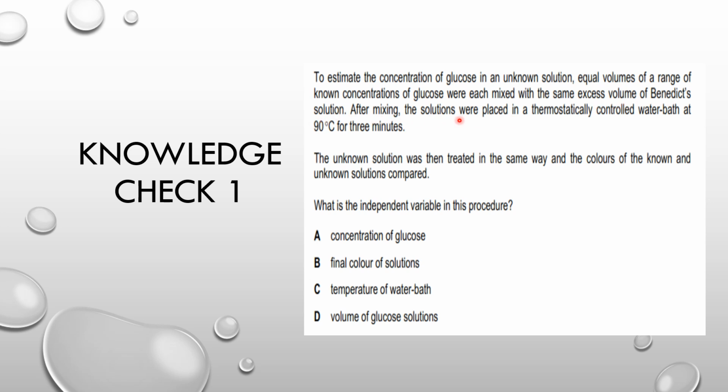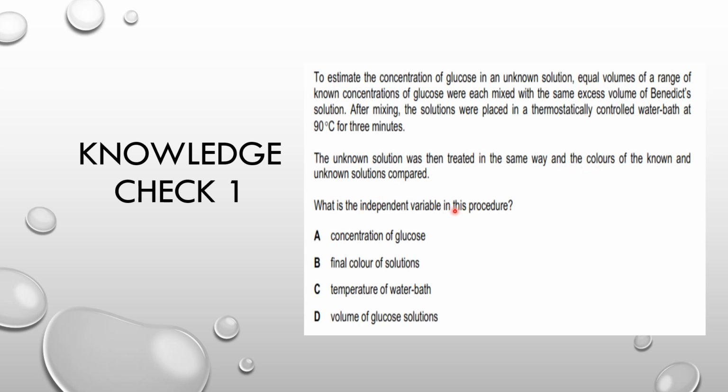After mixing, the solutions were placed in a thermostatically controlled water bath at 90 degrees for 3 minutes, just to heat it. Remember what was said at the beginning. The unknown solution was then treated in the same way, and the colors of the known and unknown solutions compared.